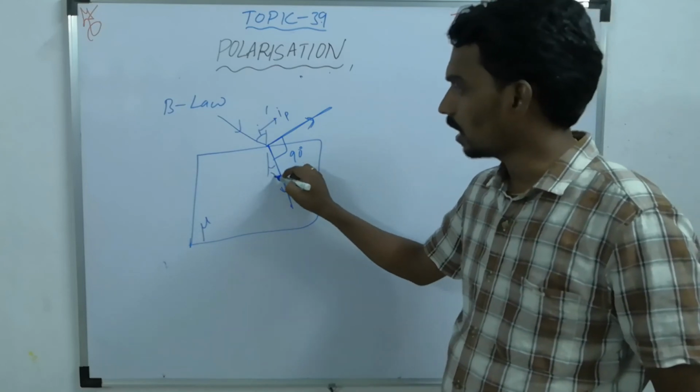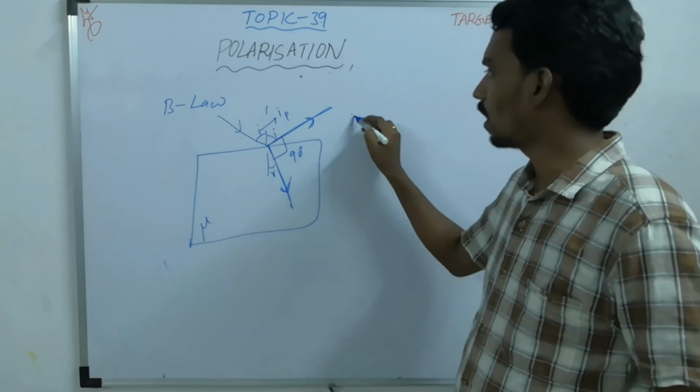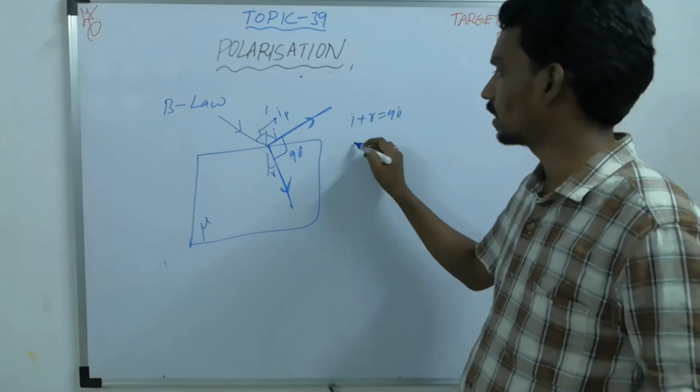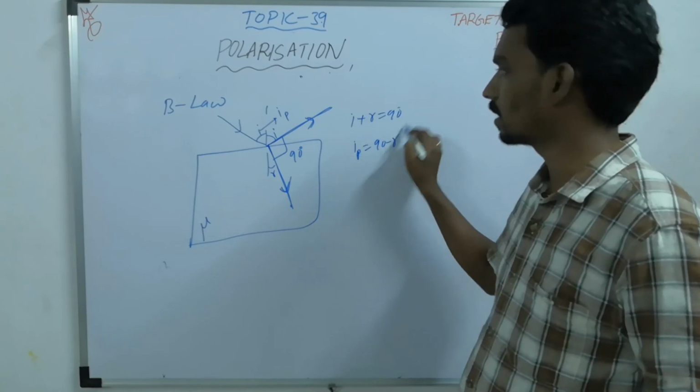Here R is the angle of refraction and this is I, so I plus R becomes 90, that is IP is 90 minus R.